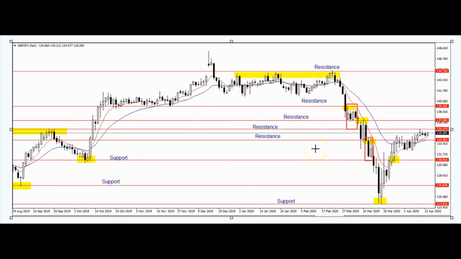What we can see has happened is we have this inside bar structure form just here, which formed just below long-term support. We had a close below it, and an inside bar formation formed. That really was the catalyst for capitulating prices down.